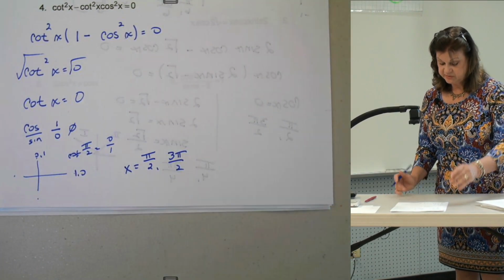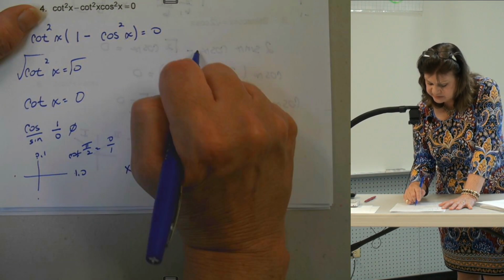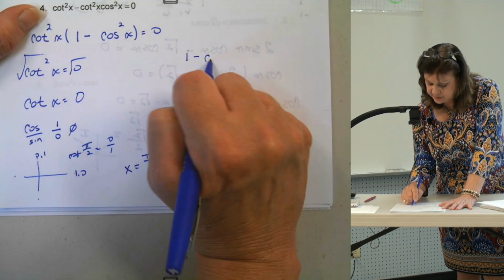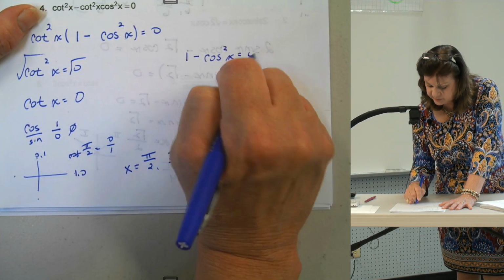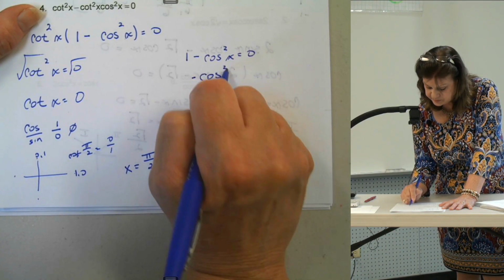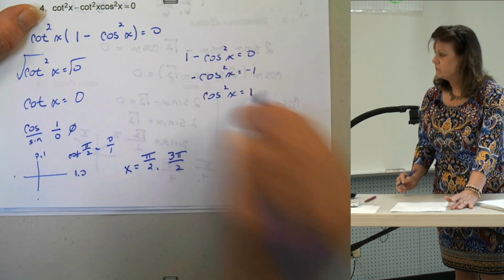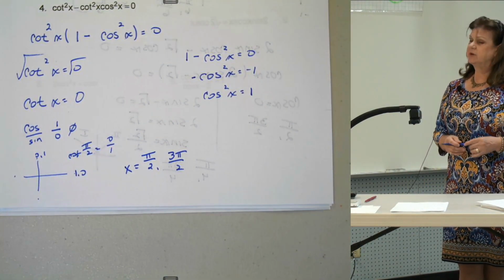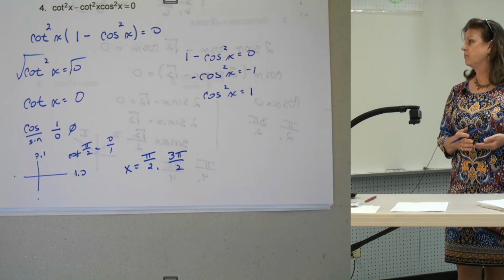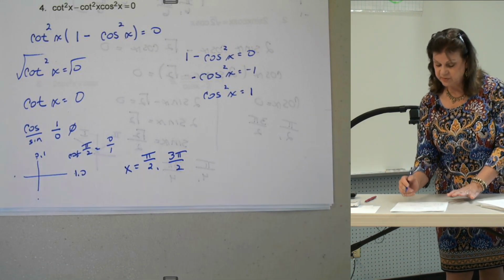Okay, let's go to the other side now. And now we're saying 1 minus cosine squared x equals 0. So now we're looking for cosine squared x is 1. Okay, we're going to take the square root of both sides.